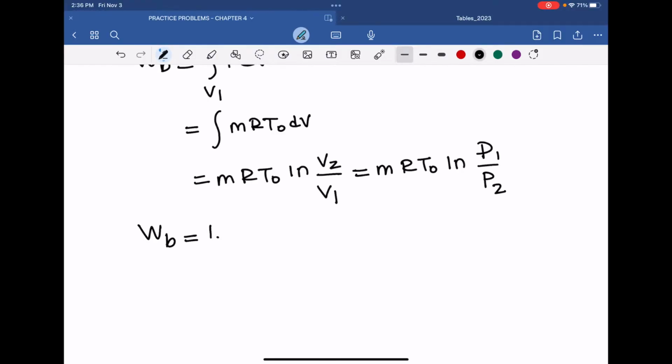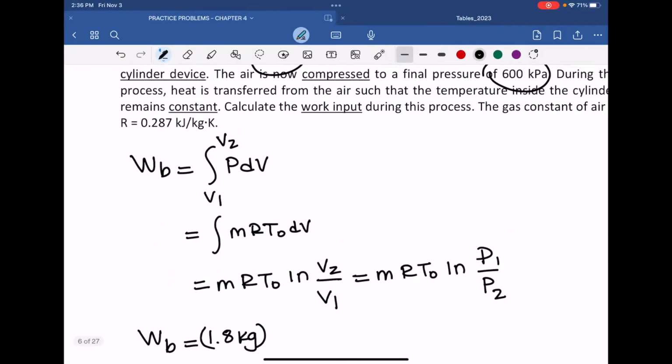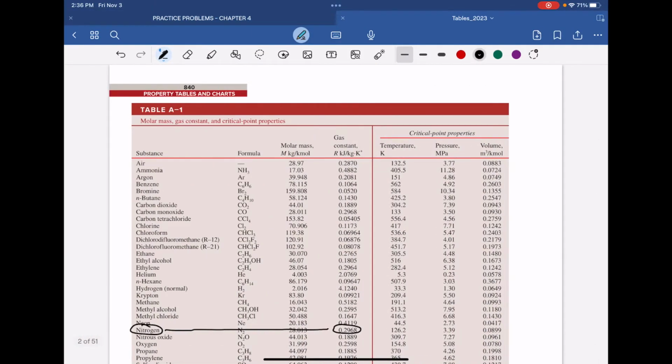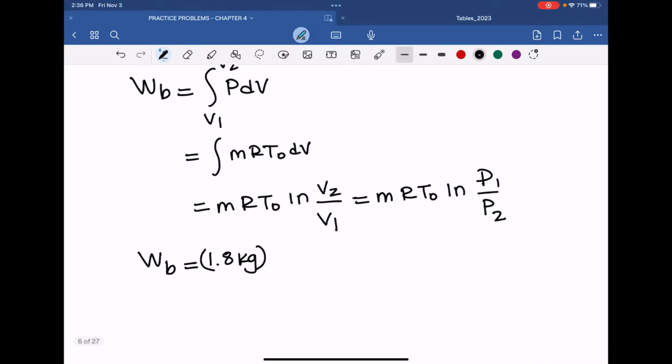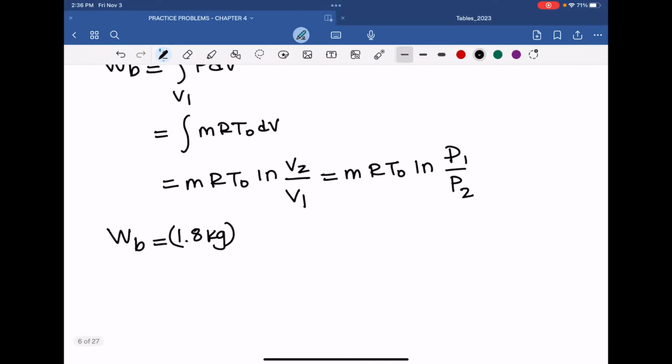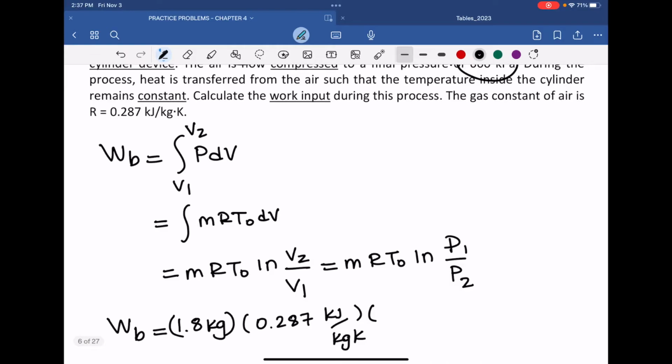So the mass is 1.8. R is, let's see what is the gas, air. So again, for air, you need to look at table A1 and read the R. And the temperature in Kelvin, right? That is important.